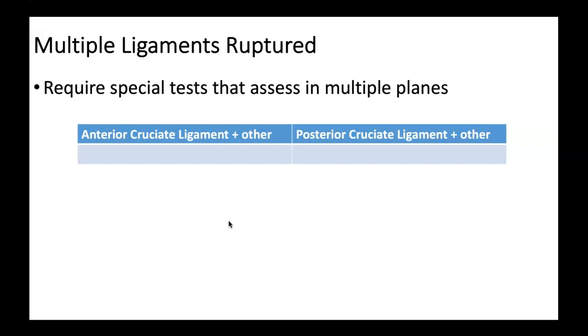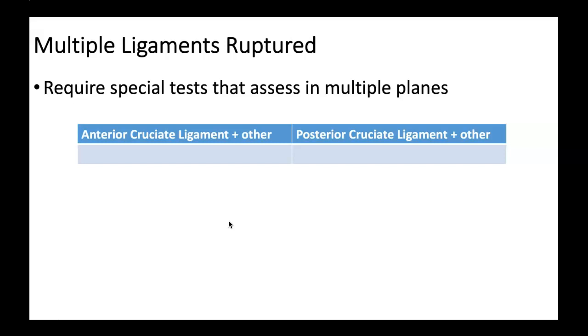So there we already have 3 injuries that we have to rule out. Well, there are special tests that are designed to test all 3 of those structures at the same time. On the ACL side of the house, that's going to look like what's called a crossover test or the Slocum's test.